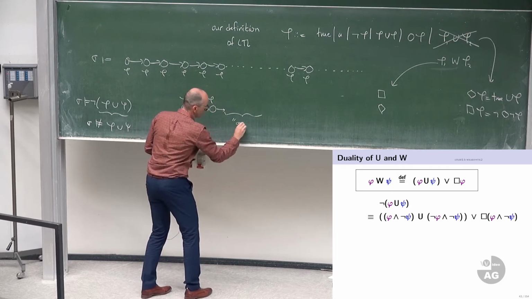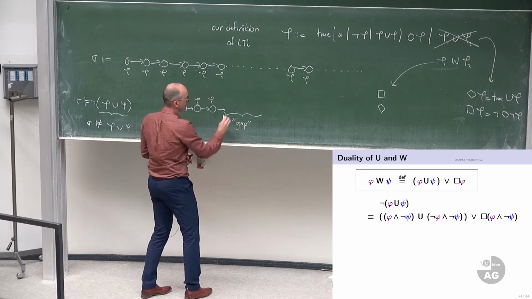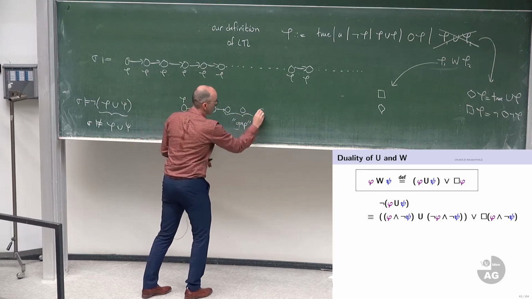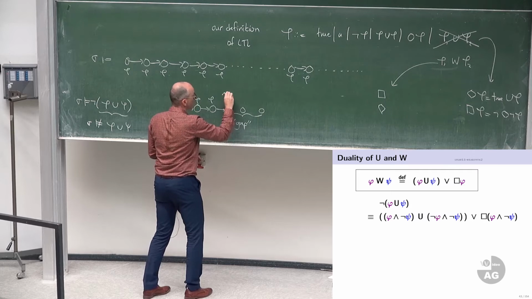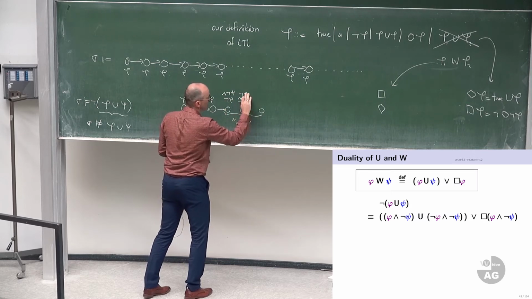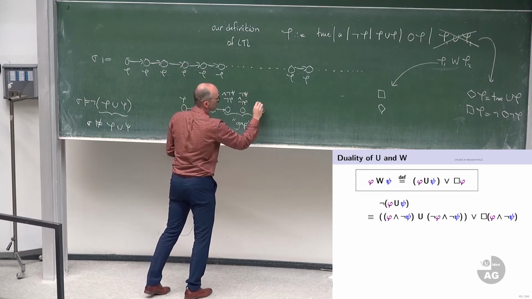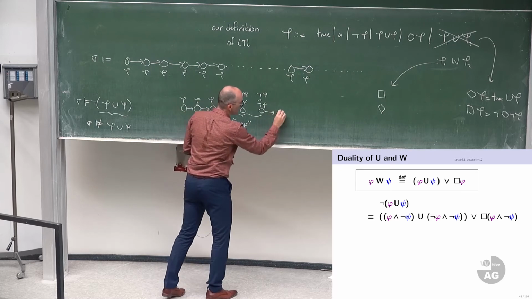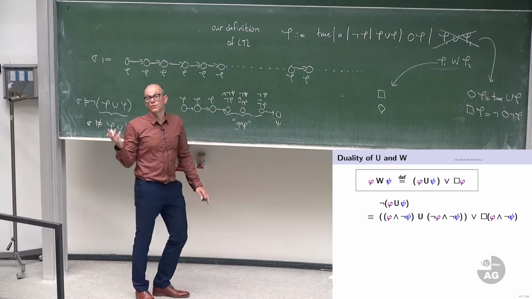So there is some kind of a gap, and the gap means that neither phi nor psi holds. So this is not phi and not psi. And maybe then psi holds. That's okay.